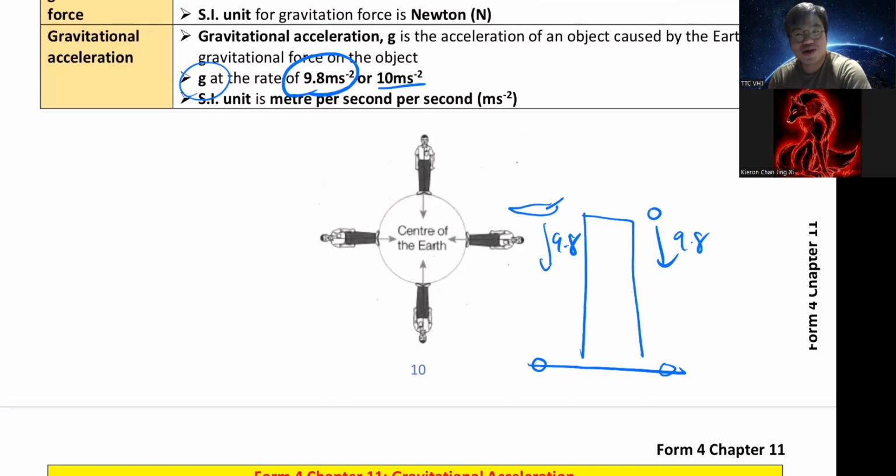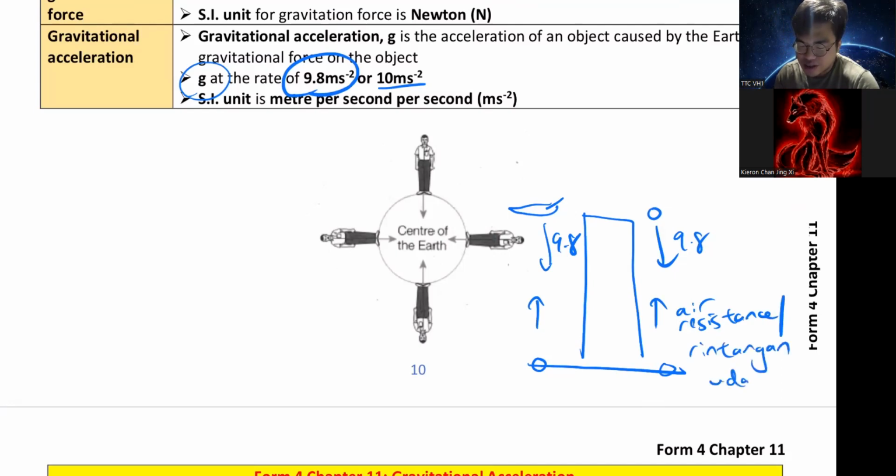Let me ask you, when you jump down from a building, what do you feel? Air. Good. So this is what we have ignored. This is called air resistance, bintangan udara.